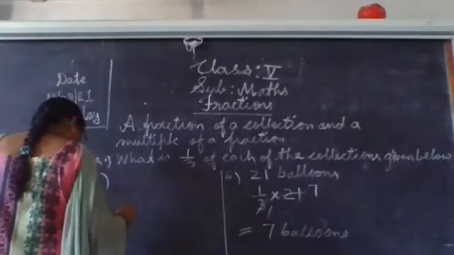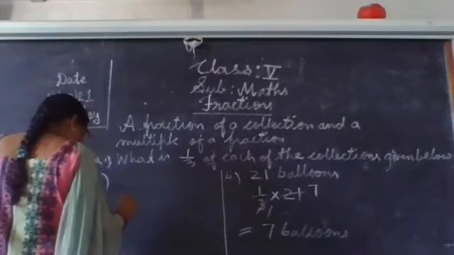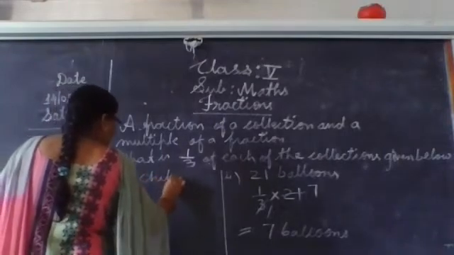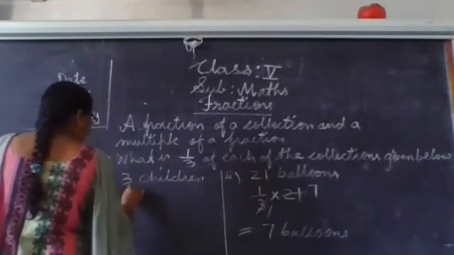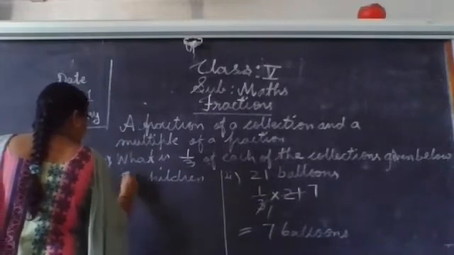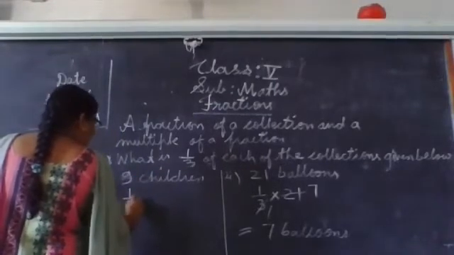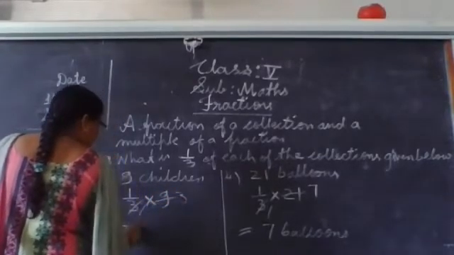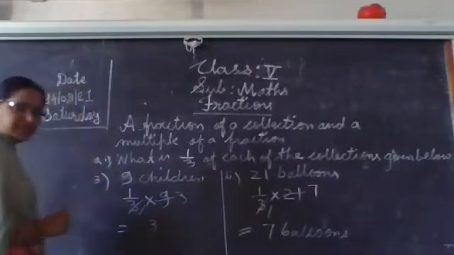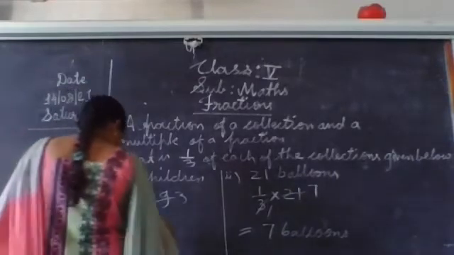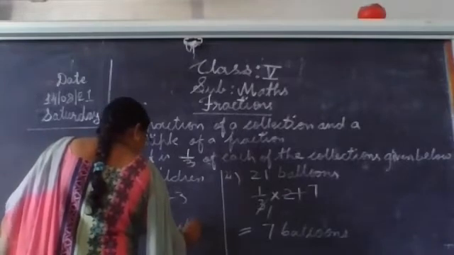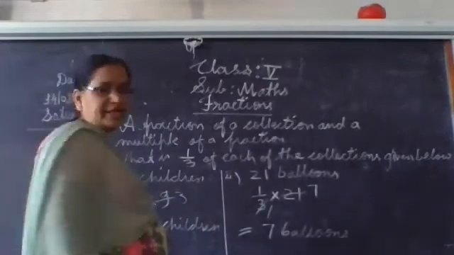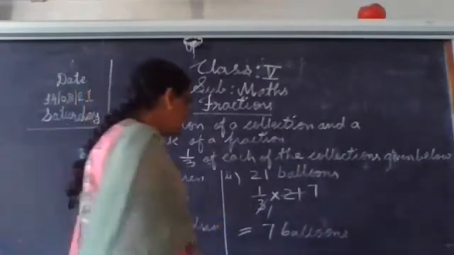Question number 3, dekho. What is 1/3 of each of the following? 9 children. Again, 9 children. So 1/3 into 9. 3 ones are 3, 3 threes are 9. So 1/3 of 9 children is 3 children. Then 18 books. 1/3 of 18 books.